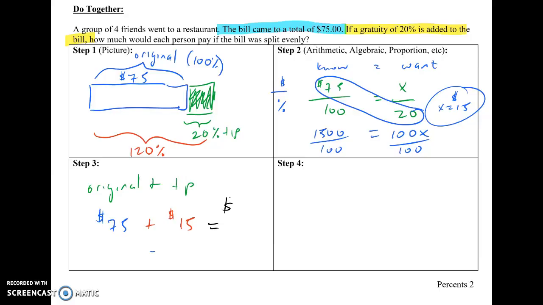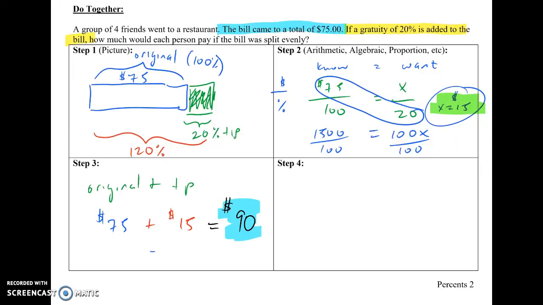So therefore, in total, we're going to have $90. That is the total bill. All right, so if the question was asking for the total after tip was added, my answer would be $90. I could stop here. If the question was just simply asking me how much tip am I leaving at the table, I could have stopped at step 2, which was $15.